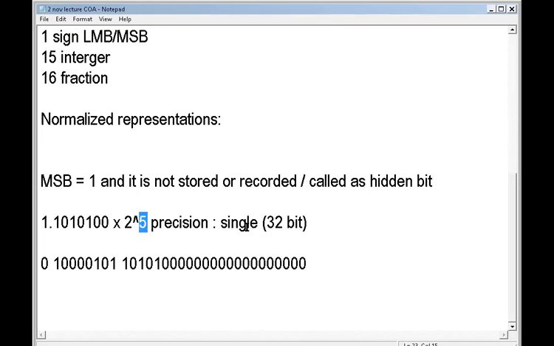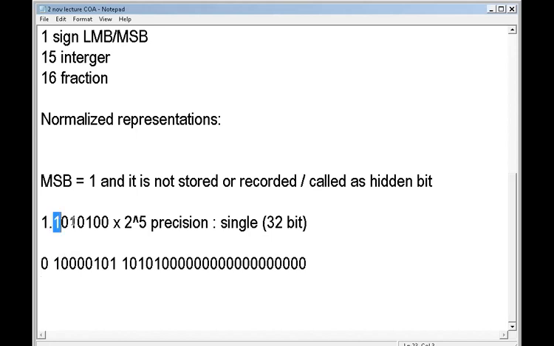When single precision is used, that means 32-bit representation, this number is to be stored in excess 127 exponent form. So 127 plus 5, that is 133. So convert 133 into binary. So we are getting this sequence, and this sequence will be stored as the exponent. And since the number is positive, we are storing a 0 as the leading bit representing the sign of the number.